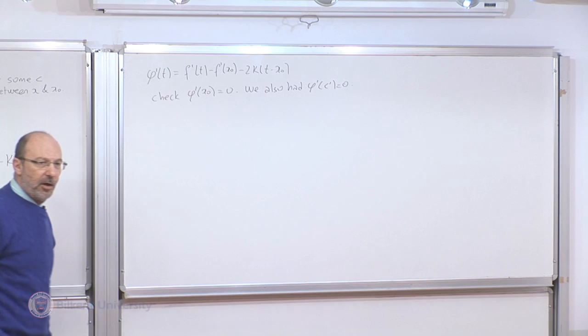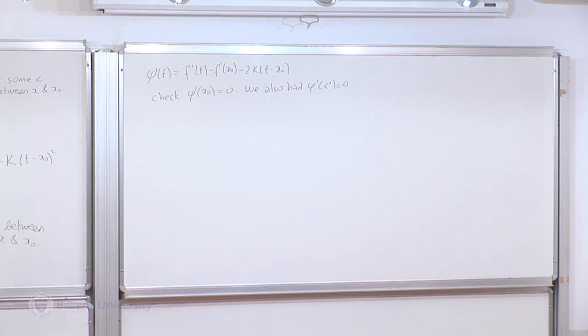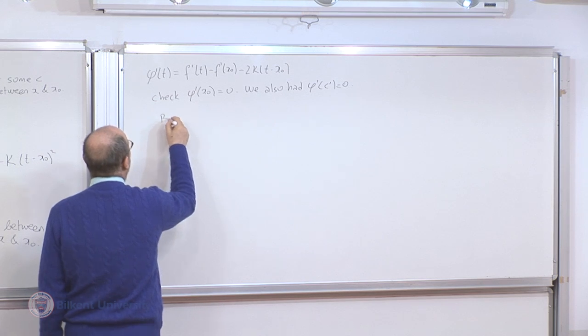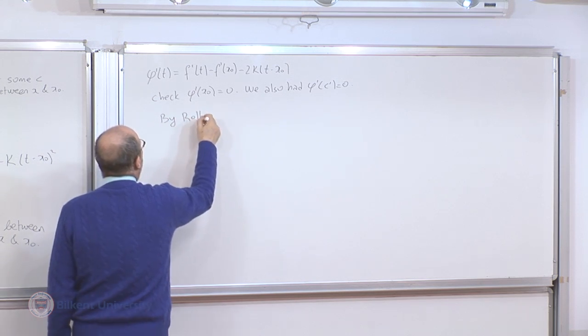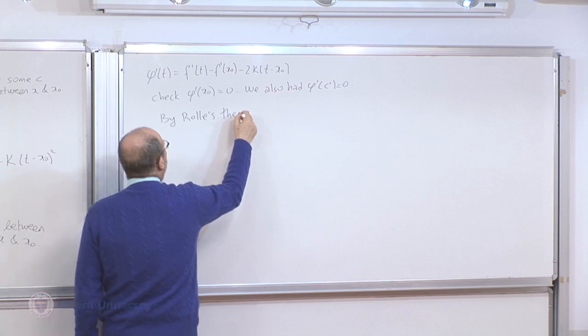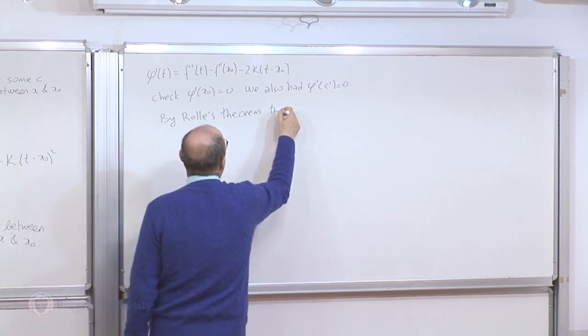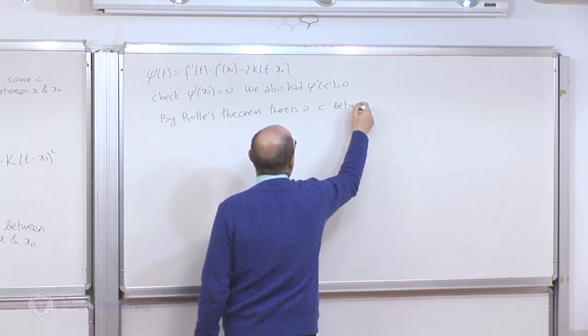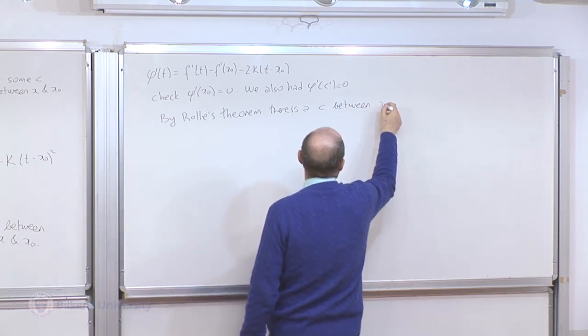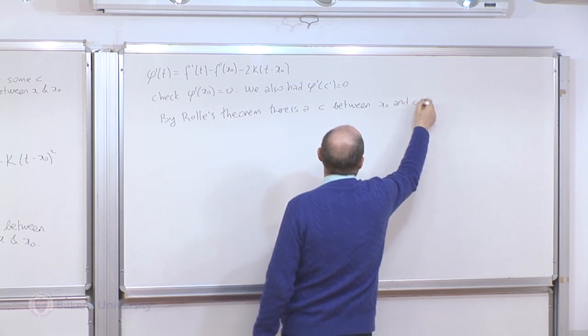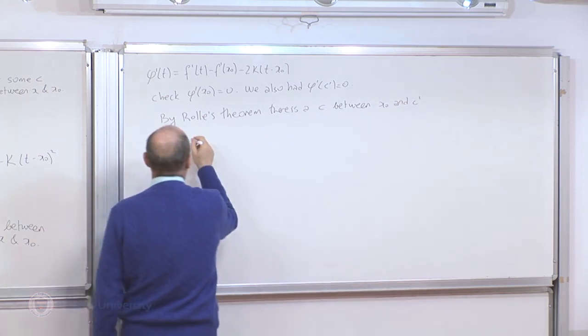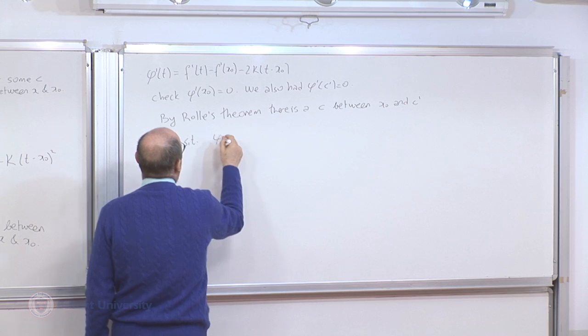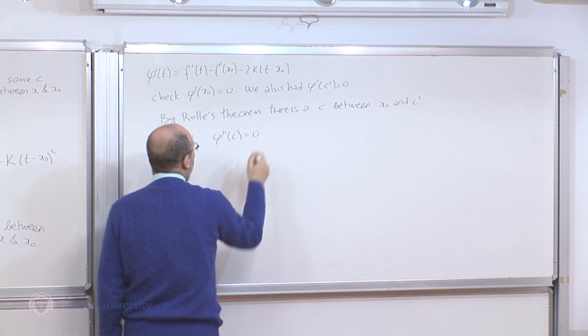So by Rolle's theorem, there is a c between x sub 0 and c prime, such that phi, the derivative of this, at c is equal to 0.